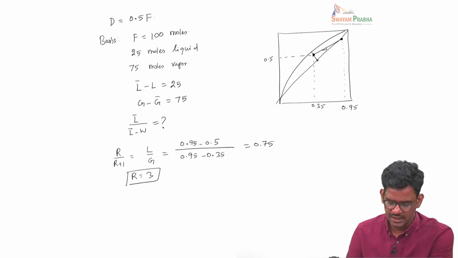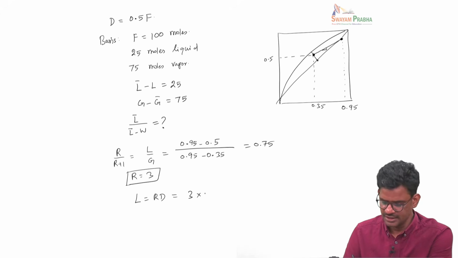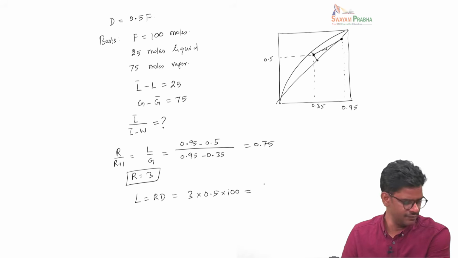Once we know R, we can also find L, that is nothing but R times D, and R is 3, D is 50% of the feed and feed is taken as 100 moles as basis. So, all this will give you about 150 moles.